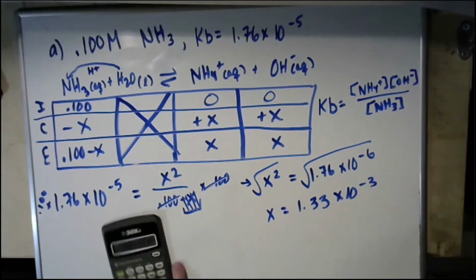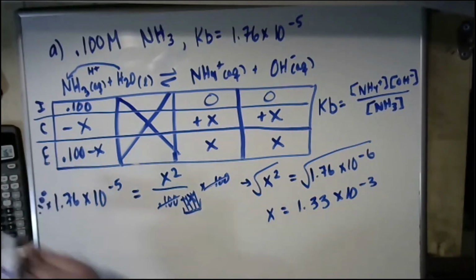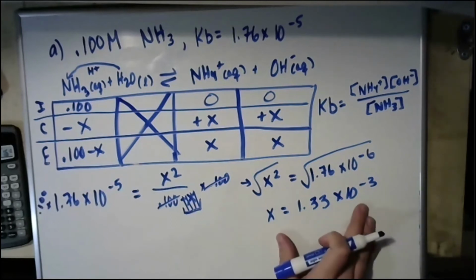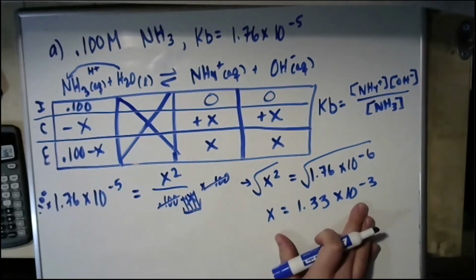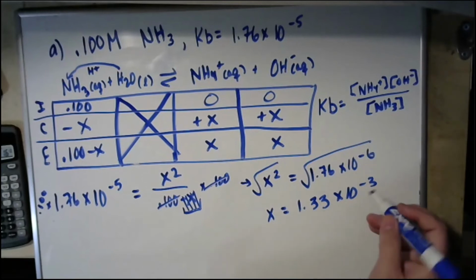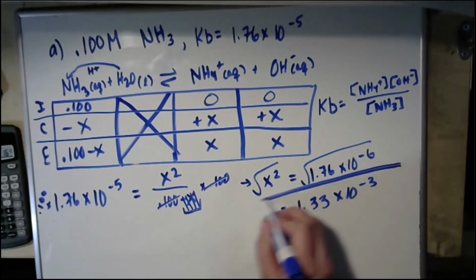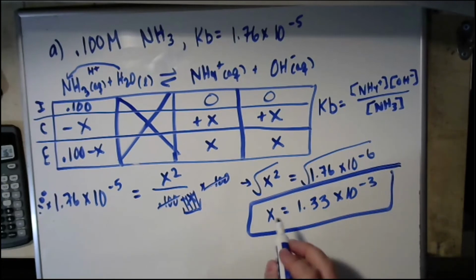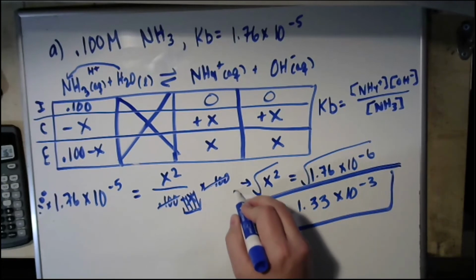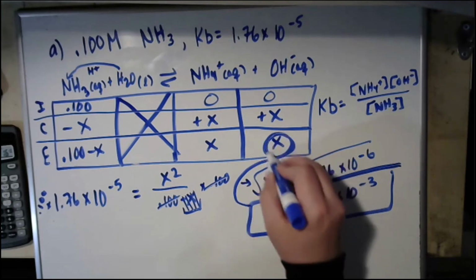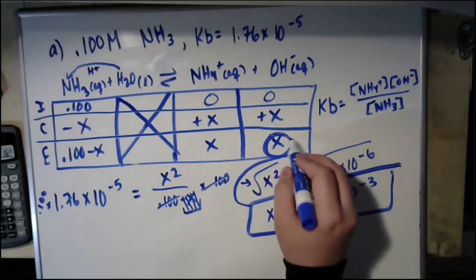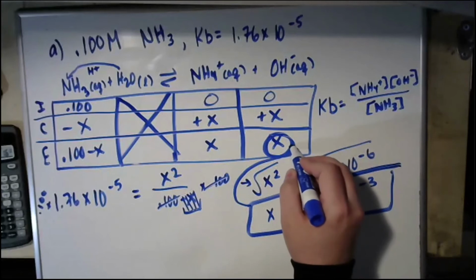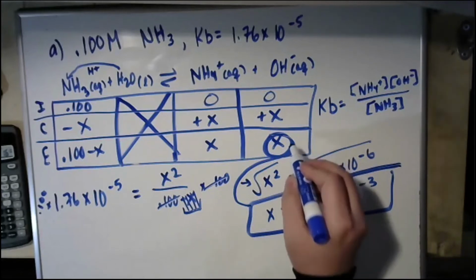Okay, and this is the part where we have to be careful with the information that we've just solved for. Because unlike in our weak acid reactions, when we are solving for our weak bases and we calculate this X value, what we are calculating for is this X or this X, but we want to focus on the variable that can help us calculate the pH.